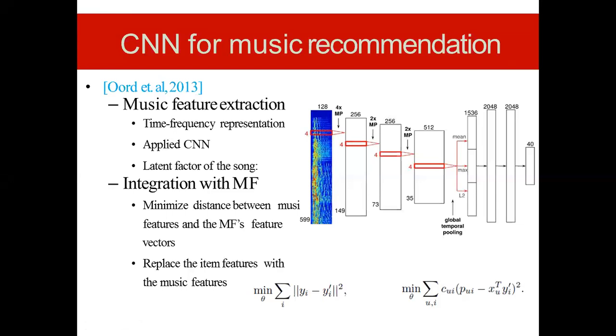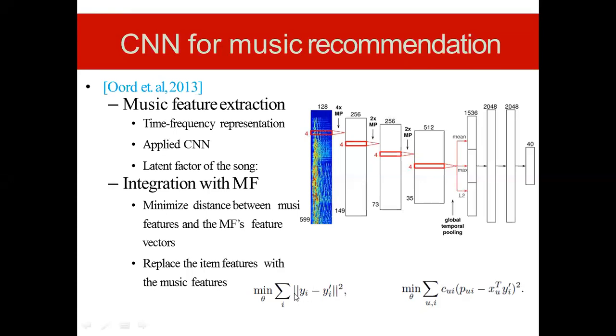Once we get those latent representations, we can multiply them with the latent factor of the user, x_u, to produce the predicted rating, p_ui. So here we have two separate steps.